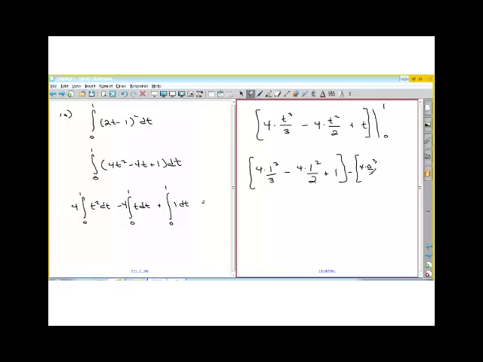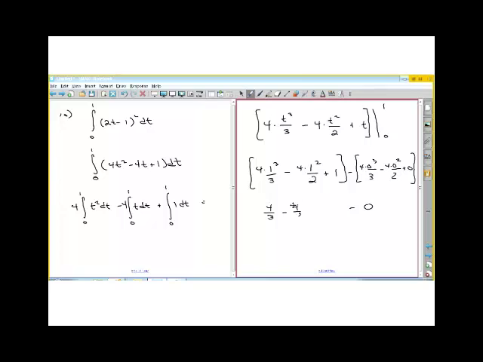And then you plug it in at the lower limit, which in this case, they're all going to go to 0 because every one involves t or t squared or t cubed. So that's evaluating the function at the lower limit. I subtract that, but again, I'm subtracting 0.